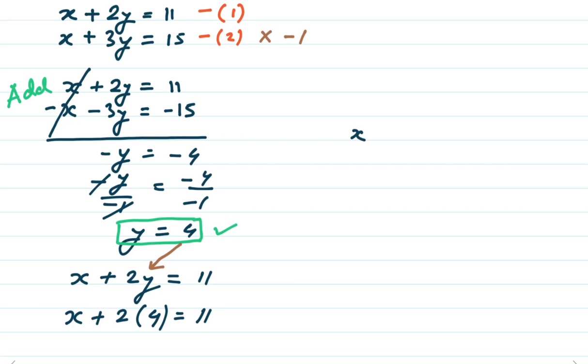So I get x plus 4 times 2, which is 8, equal to 11. I have to take positive 8 to the other side, and so I get x equals 11 minus 8, and x is equal to 3.